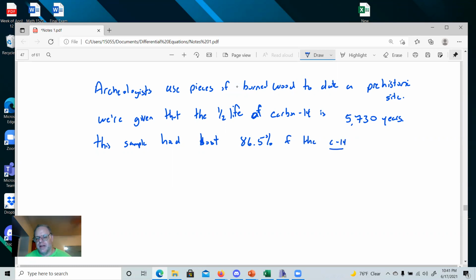Okay, and I have to remind my college algebra students and my pre-calc students that this 14 has absolutely nothing to do with the problem. We're not concerned about the kind of carbon it is. It's nice that we get to study things like carbon-14, but this 14 doesn't have an impact on what we're going to be doing. Okay, and the question is, how old is the site?